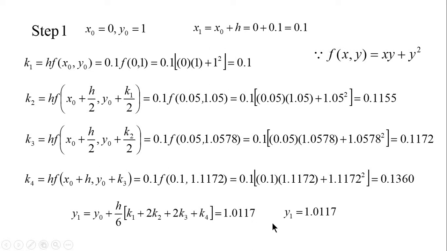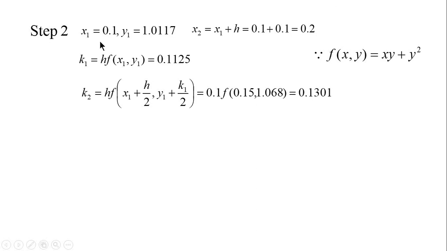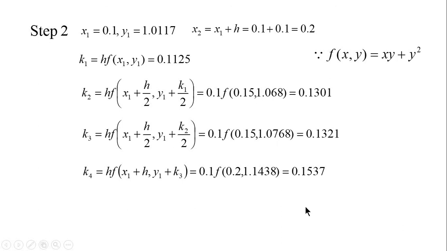Now using these values I will find x2, y2 in the second step. Step 2, x1, y1 is known. Find x2. x2 is nothing but x1 plus h, and we know our function. Find k1, k2 using x1 and y1, k3, k4, and find y2.